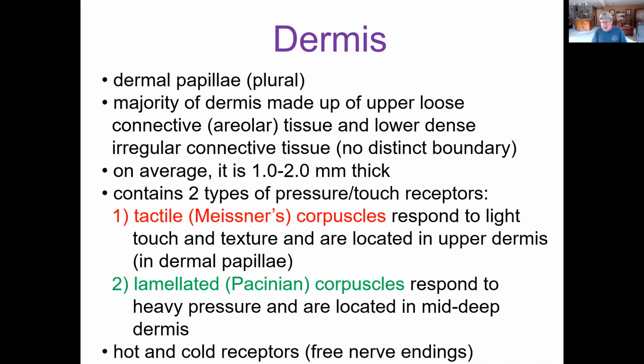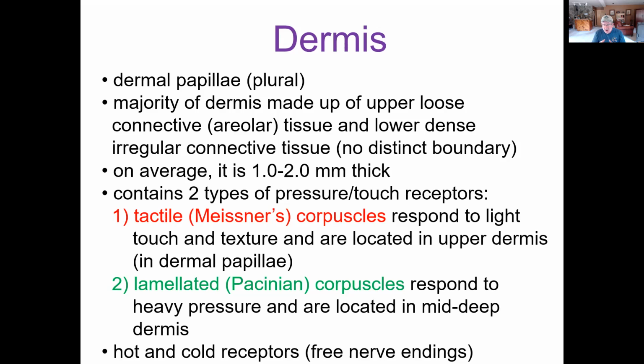The other type here, the lamellated or Pacinian corpuscles, are located mid to deep dermis. Therefore, it would take a more significant amount of pressure on those to cause them to be stimulated and in turn send an impulse down a nerve fiber up to the brain, and we would detect that particular sensation.